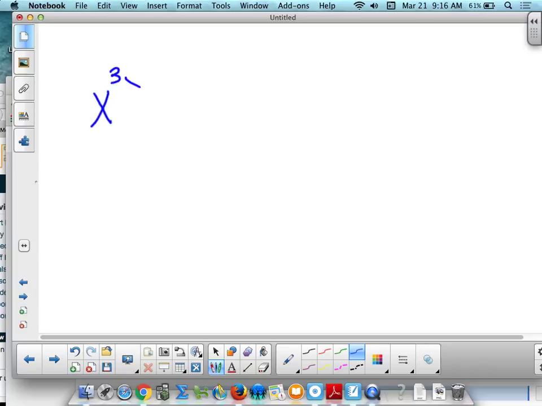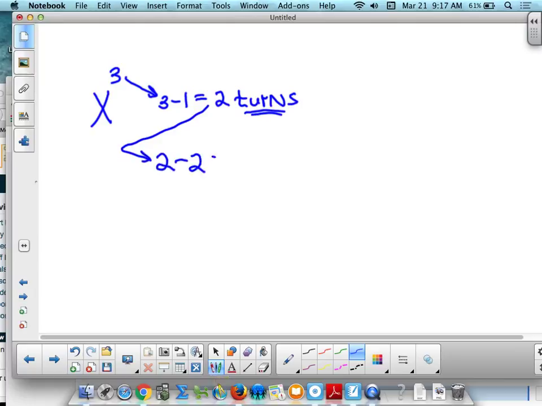X cubed could turn 3 minus 1, 2 turns. But there's a little kicker here. If it could turn 2, take your answer 2 and always subtract 2. It could turn twice or it could turn 0 times. Does that make sense?